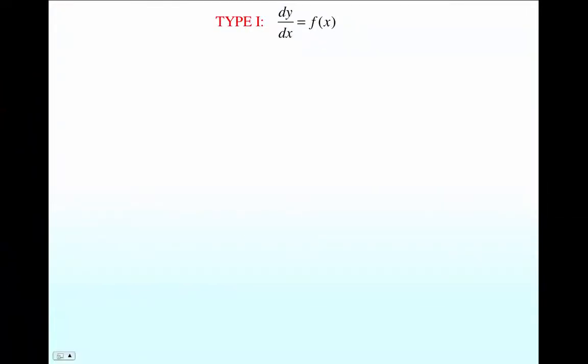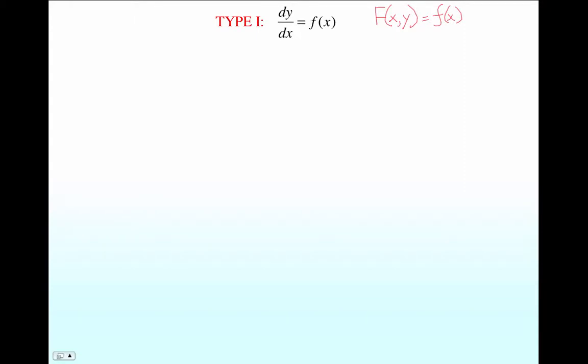You might have got the impression that all differential equations are difficult to solve, but that's not true. This equation is very easy to solve, and that's because we have made this particular choice of capital F of x and y. This is just a function of x, not a function of y.